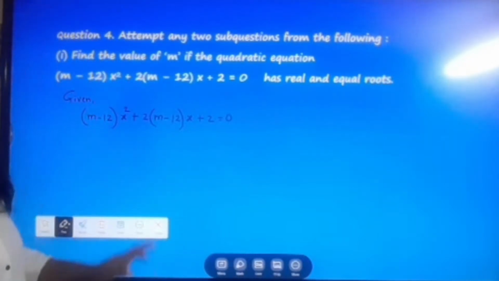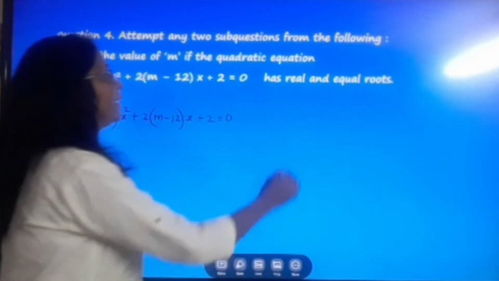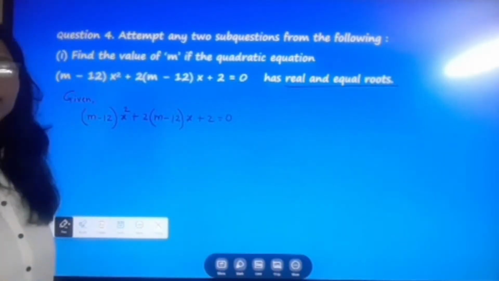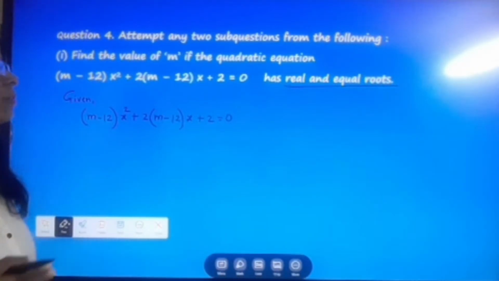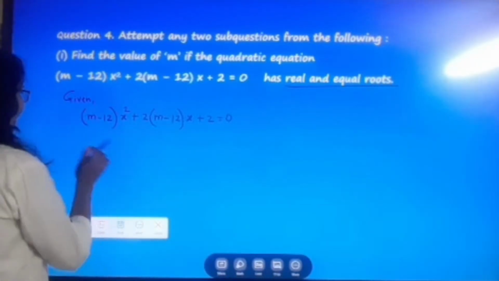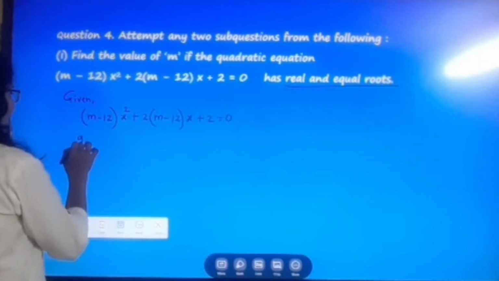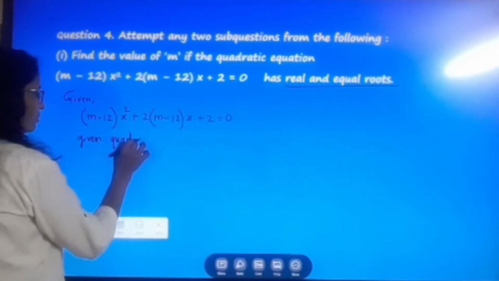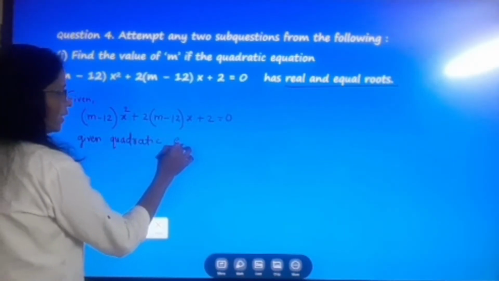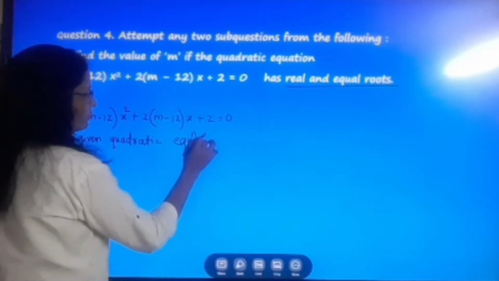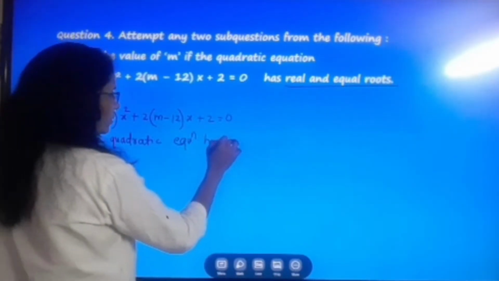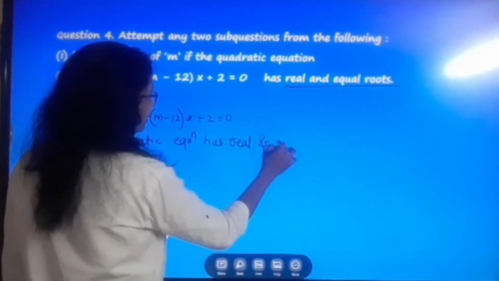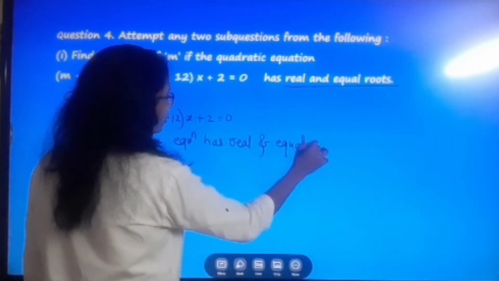Okay, and then the condition is that real and equal roots. This quadratic equation has real and equal roots.